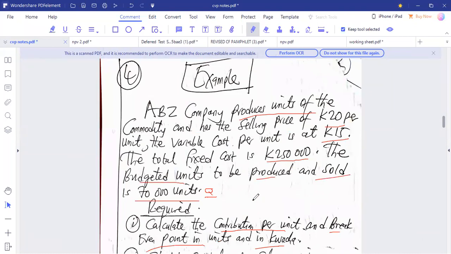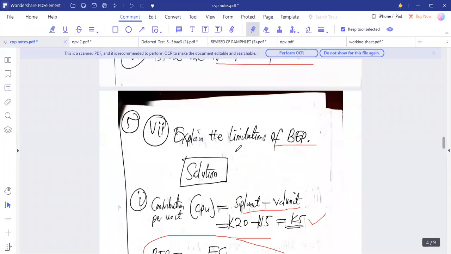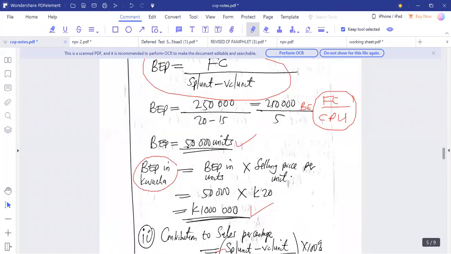There are 70,000 units. At the time that the selling price is 20 kwacha and the variable cost per unit is 15 kwacha, the break-even point was 50,000 units.